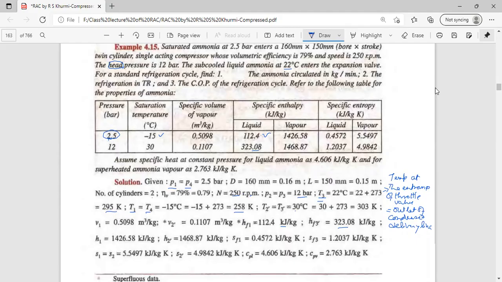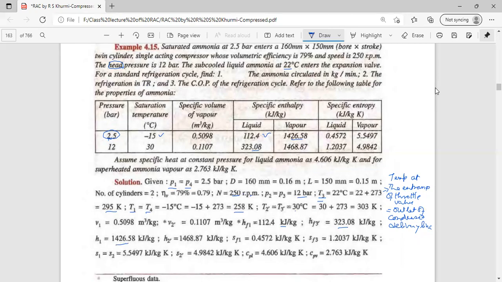Next, h1, the enthalpy at the entrance of the compressor, which is situated on the dry saturated vapor line at the lower evaporating temperature of the system, minus 15 degrees centigrade, and it is the vapor stage. It is 1426, the vapor at the dry saturated line.